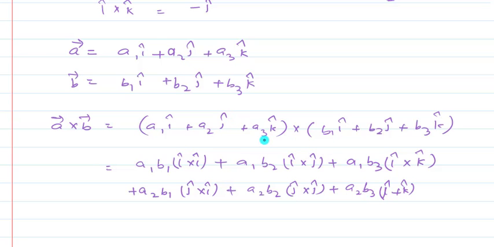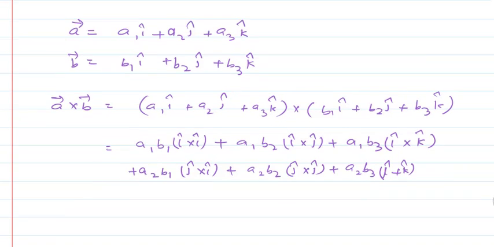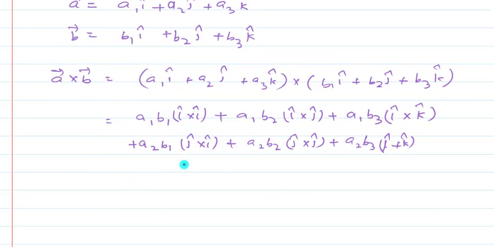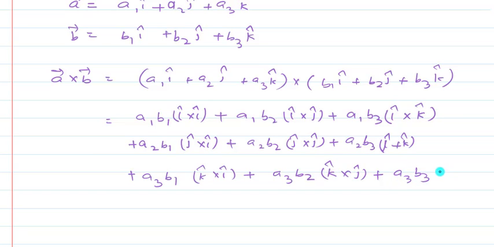Now the next, let us multiply this A3 k cap with all three one by one. So we are getting plus A3 B1 k cap cross i cap, plus A3 B2 k cap cross j cap, plus A3 B3 k cap cross k cap.